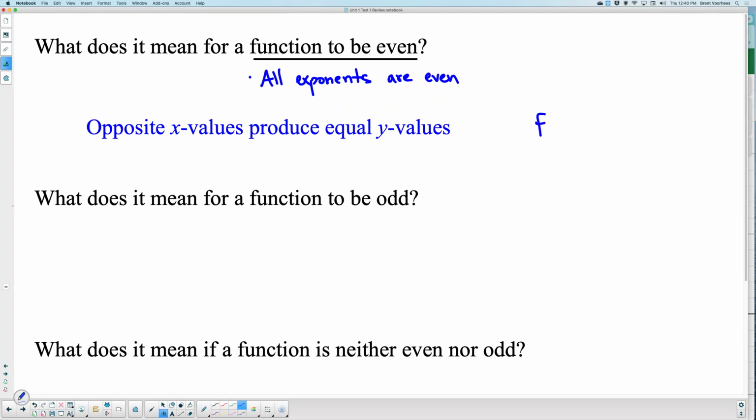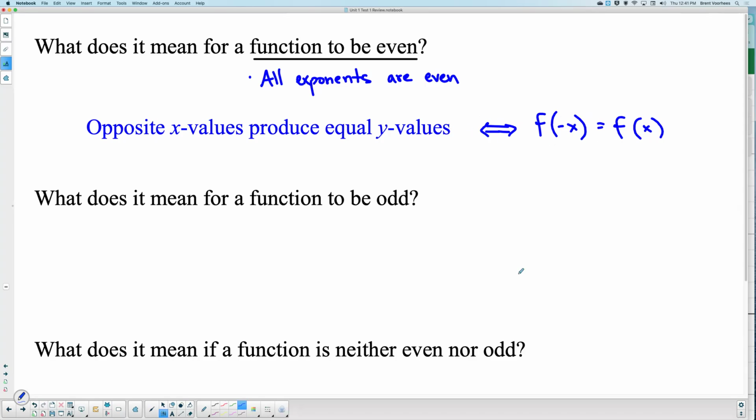If you had f of negative x, that would equal f of positive x. The function f is the same with opposite x's. So these two statements are one and the same. They mean the same thing. When people do a double arrow like that, it's a way in math to say they mean the same thing.